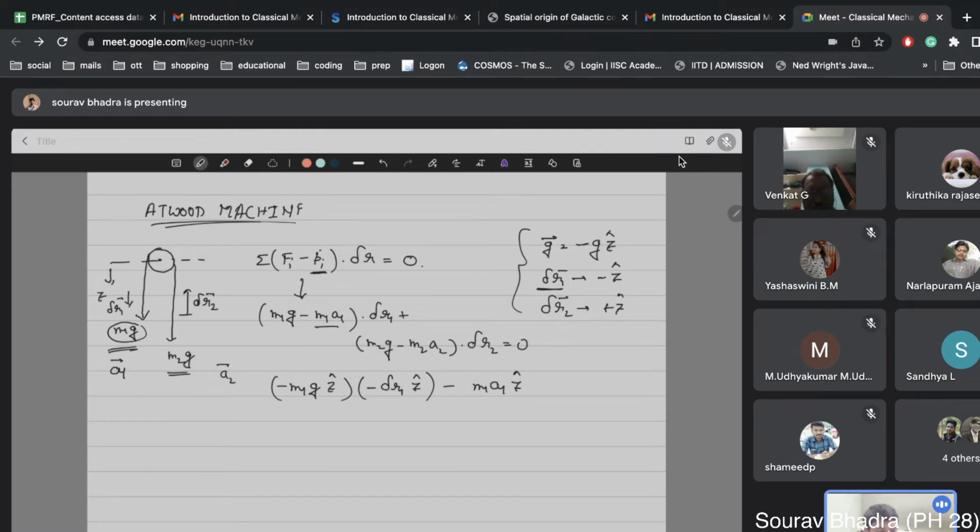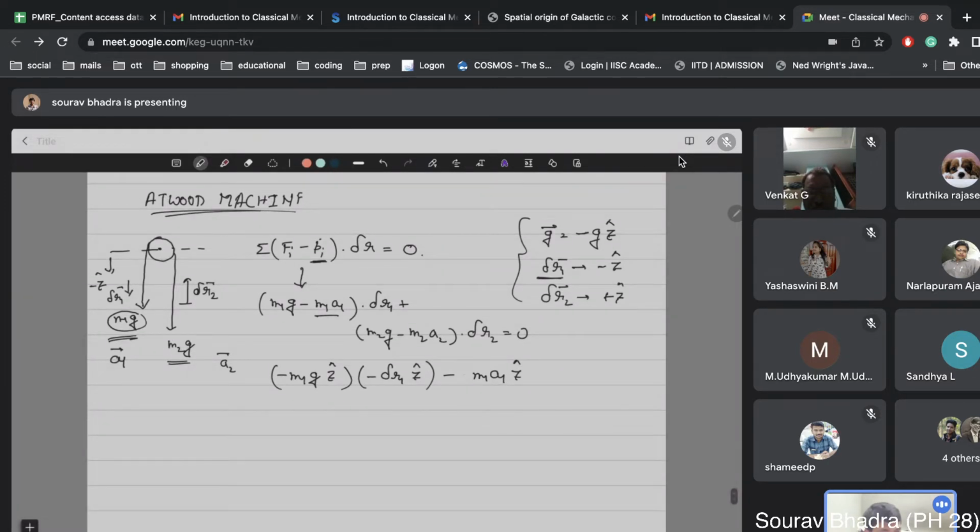So this is the acceleration of the system, so it can be divided into two: one is for mass 1 and another is for mass 2. We are taking the downward z as the minus z. You can take it as positive z also, that will not matter, that will give you the same result. So here a1z is also downward, that means the minus z direction, and delta r is minus delta r1z.